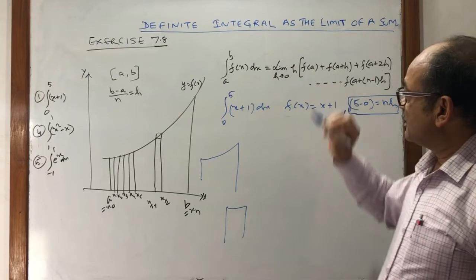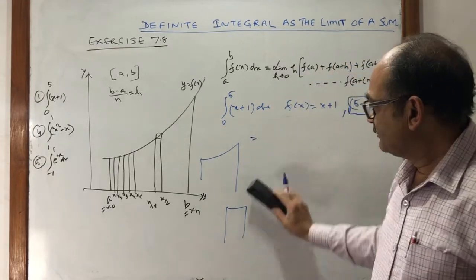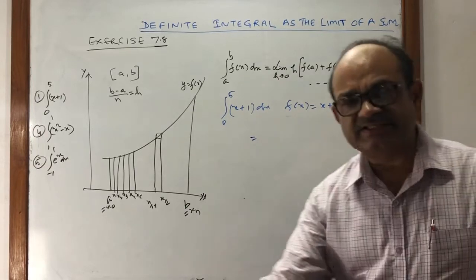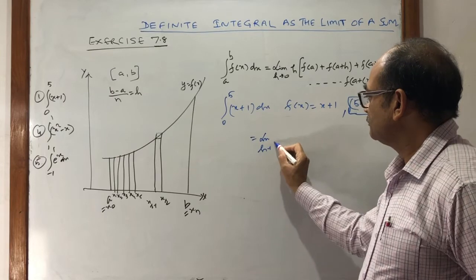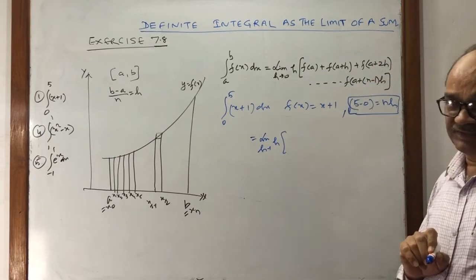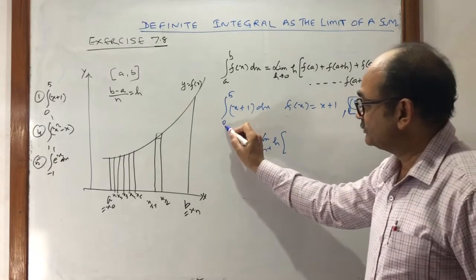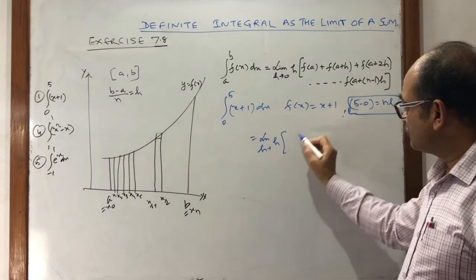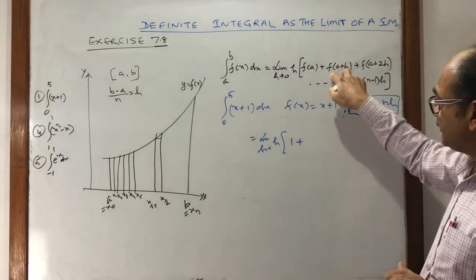Now first we start from this equals to. Here we can write step by step or you can write directly, it is your choice. First limit h tends to 0. First we want f(a), and f(a) means f at the lower limit. What is the lower limit here? 0. So in this function if we put 0 we will get 1. Now next is f(a plus h).